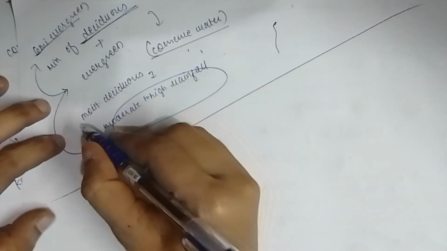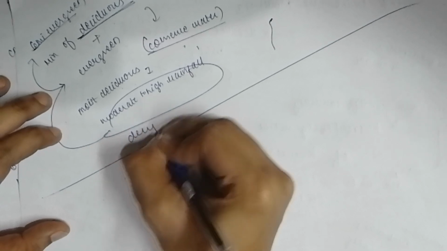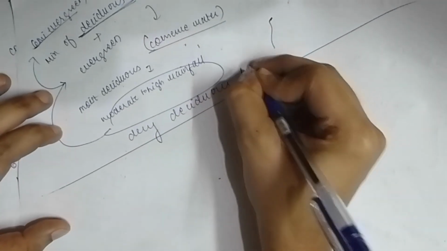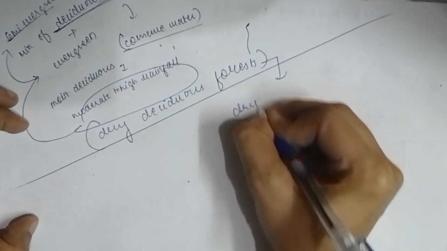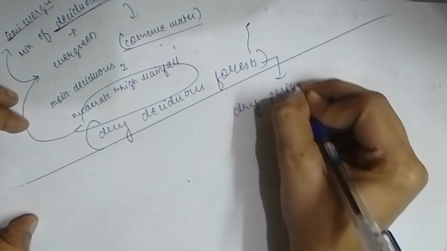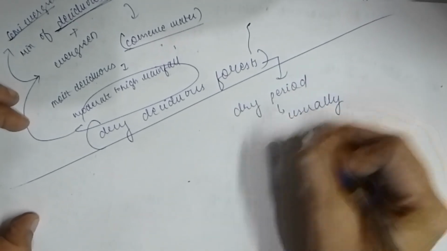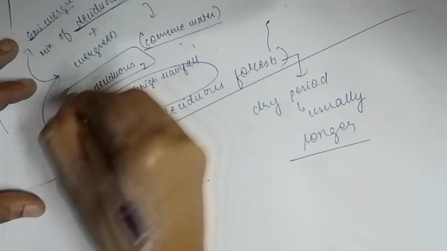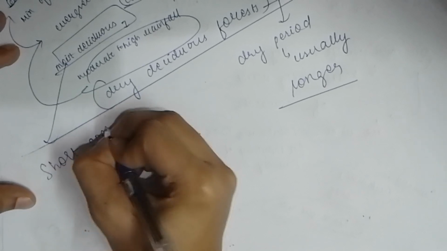With regards to the moist deciduous forests and dry deciduous forests, I was explaining. In the dry deciduous forest, the dry period is usually longer, but in the case of the moist deciduous, it is a short dry season.